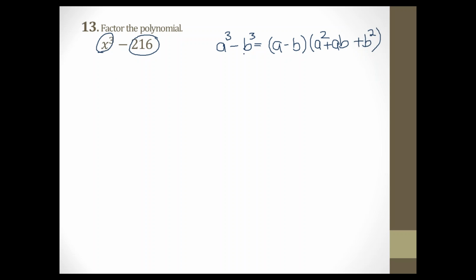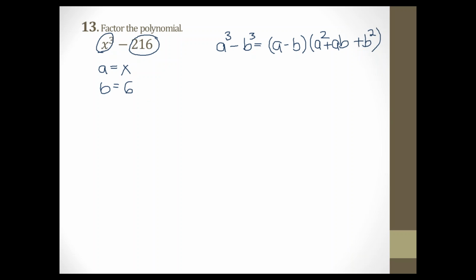Okay, so when you're factoring the difference of two perfect cubes, basically you just have to plug into your formula. But first let's identify what is a. A in our case is basically the cube root of x cubed, which is just x, and then b would be the cube root of 216, and the cube root of 216 is 6, because 6 times 6 times 6 is 216.